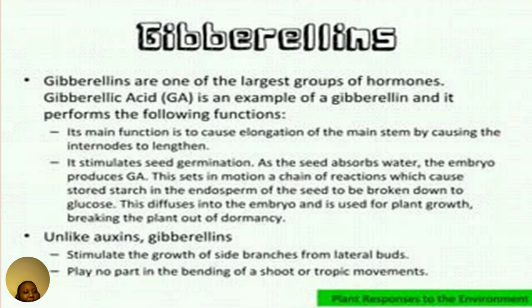So whenever you see a plant with side branches, just know that gibberellins are the hormone responsible for stimulating the growth of those side branches. Gibberellins play no part in the bending of a shoot or tropic movement. Auxins are the hormones solely responsible for tropic movements. Gibberellins are not.